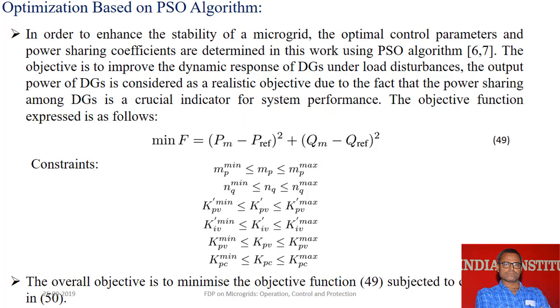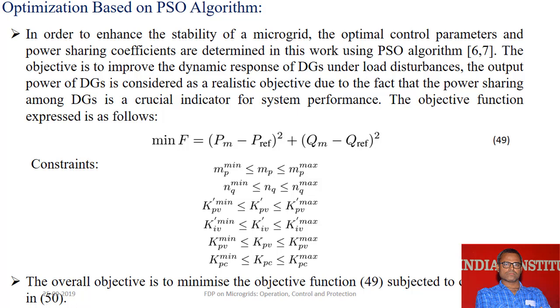Now we need to optimize the parameters. We found some range of parameters, the critical values of MP, NQ, KPV dash, KIV dash, KPV, KPC, from the eigenvalue analysis, and which is the best value out of those ranges can be found from the optimization.